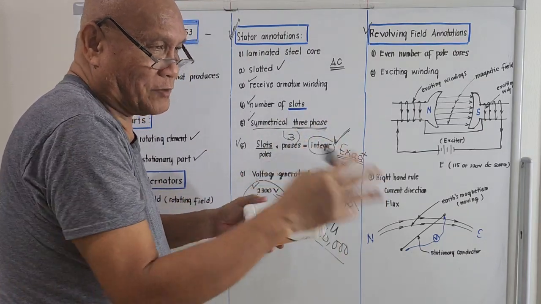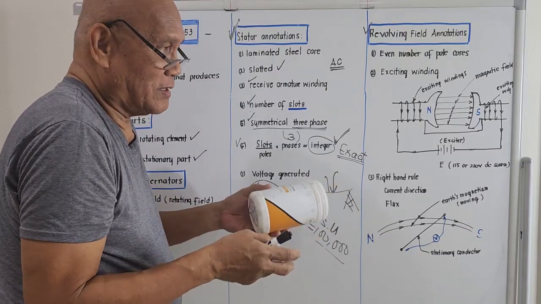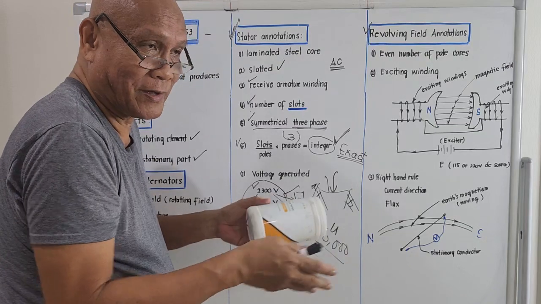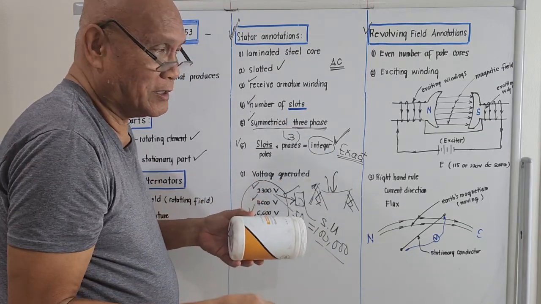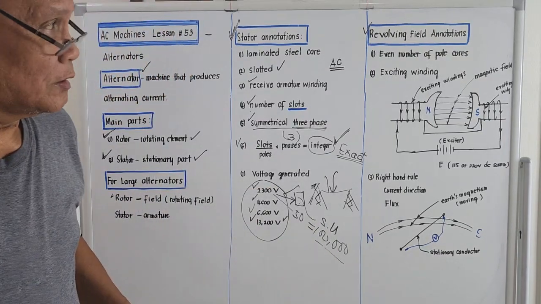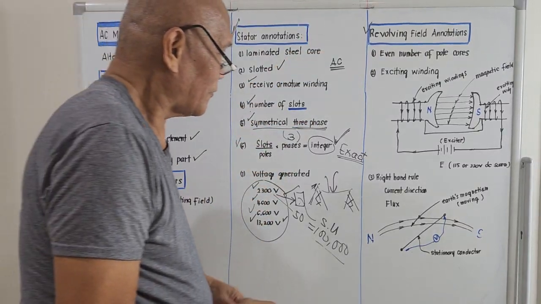So if it's a big transformer, there will be thousands of windings, in which the cross section should be very big. If it carries a very big current, the diameter should be very big. So actually, in the manufacture of alternators, it's very expensive. Okay, let's discuss the annotations for the revolving field.